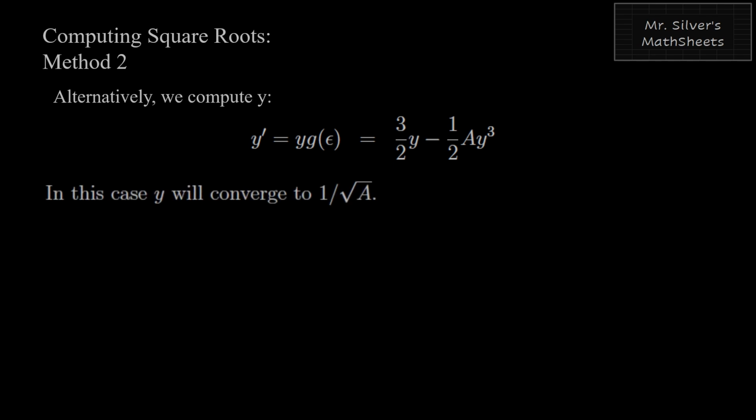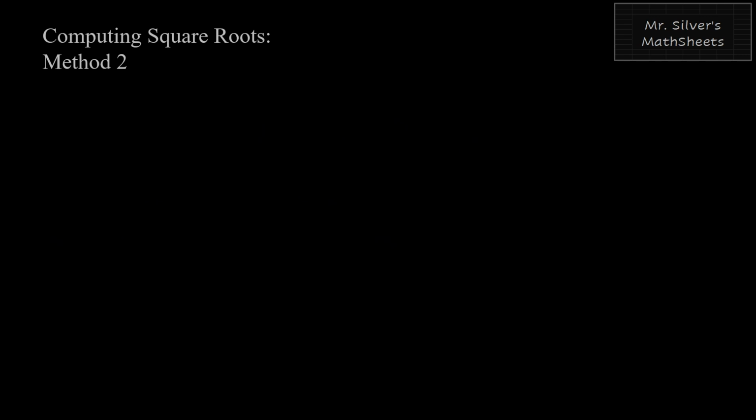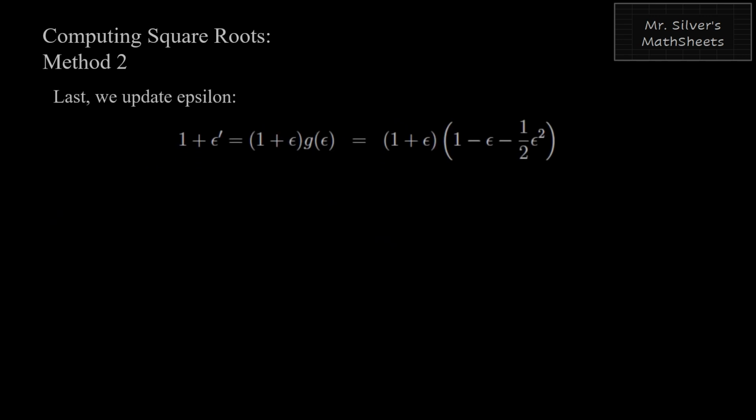And then we just multiply by a one more time, and we get the square root of a. And so what we did is we got rid of the long division, and now we use several multiplications. Sometimes that's easier.